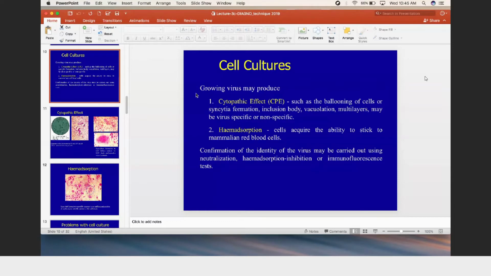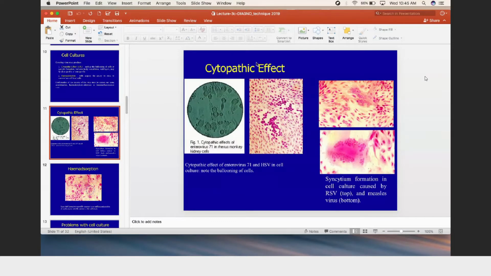Next one, you have seen this previously, about the cytopathic effect. I showed you already. This is what we call ballooning of cells, formation of plaques here, one plaque here, another plaque here, plaque formations.